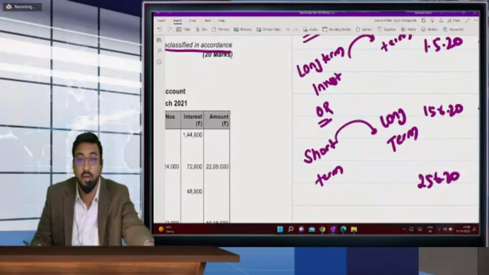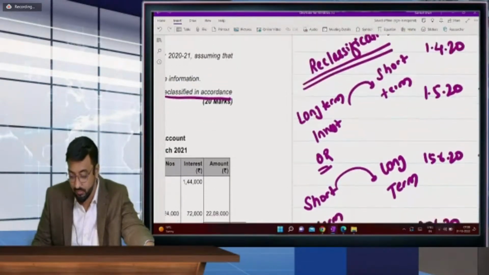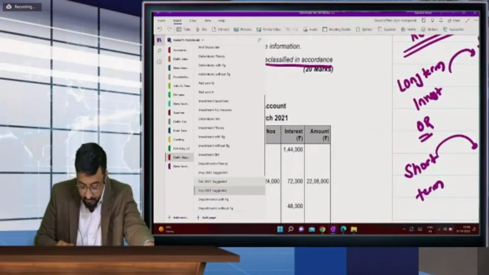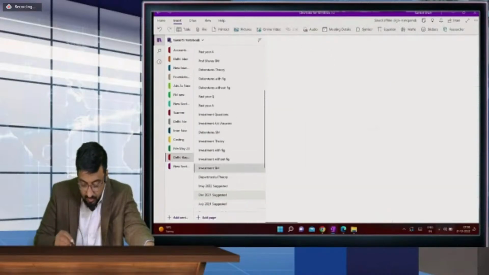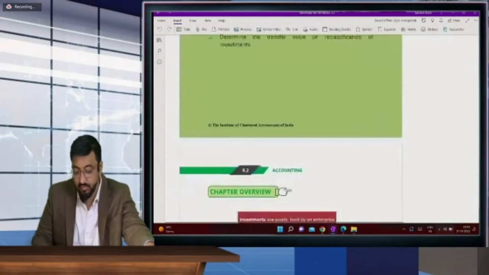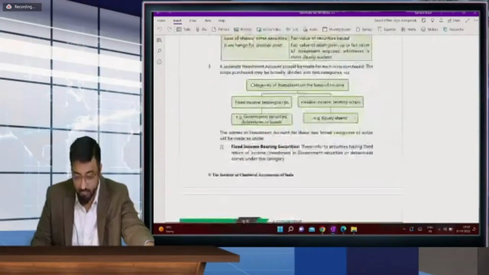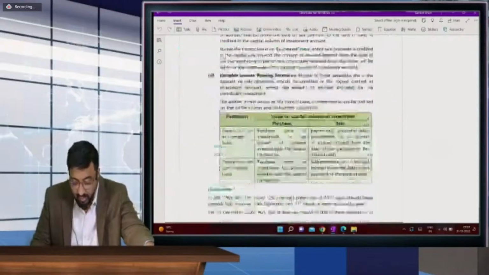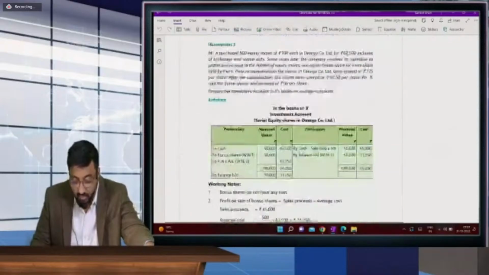So it is called reclassification. In the study material, if you read this theory or previous sessions, you will have an idea for reclassification.